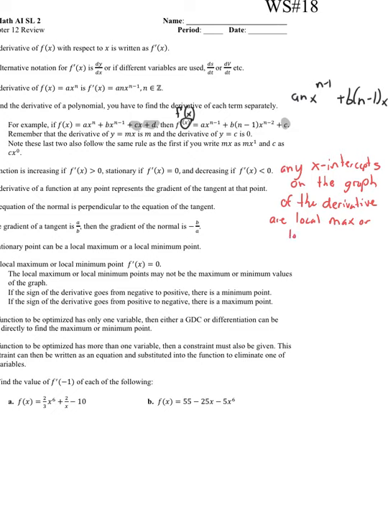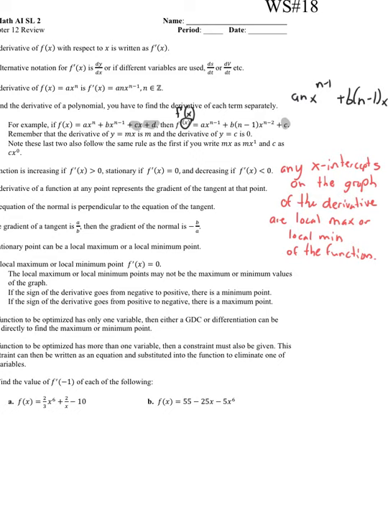And it's still up to you to determine whether it's a maximum or minimum past that point. But those are local maximum or minimum values of the function itself. You can tell whether it's a maximum or minimum by looking at the graph.